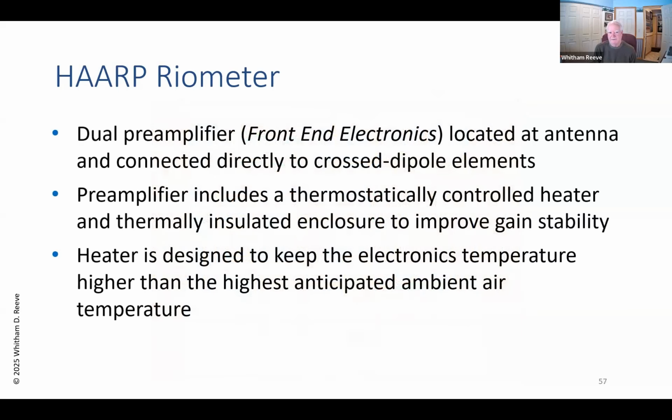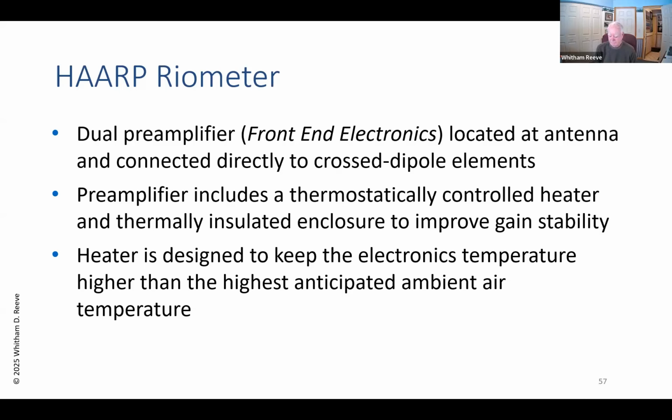Now the front end electronics, the active part of the antenna, is a dual preamplifier because there are two dipoles out there. And so it's a dual amplifier located right at the antenna and connected directly to the dipole elements. And it has a heater built into it so that it controls the temperature of the front end electronics to hopefully improve their stability.